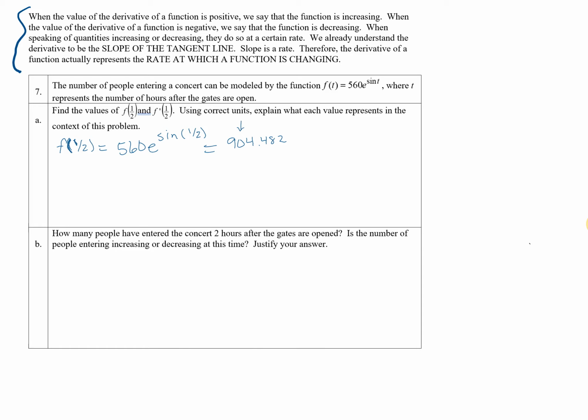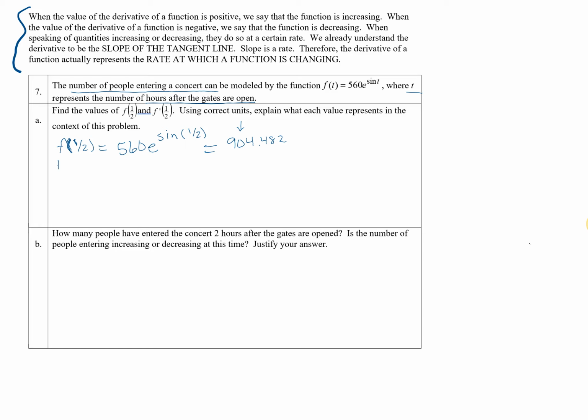What does this represent in the context of the problem? Well, what does the function model? The number of people entering a concert t hours after the gates have opened. So 1/2 represents a half hour. What does this mean?